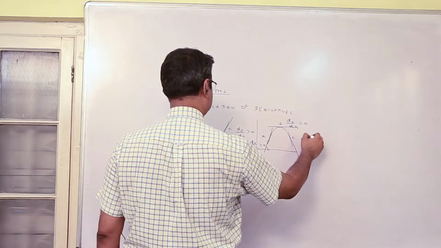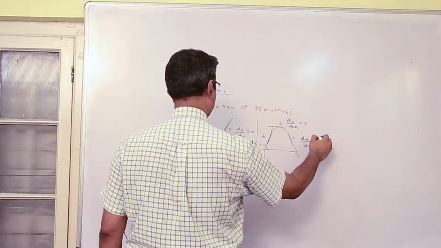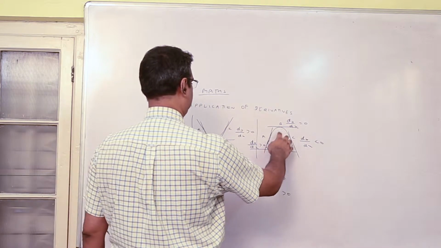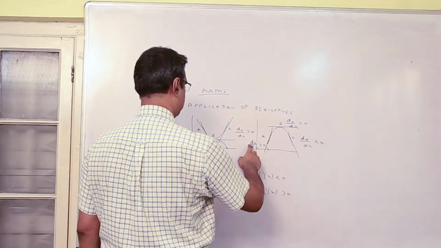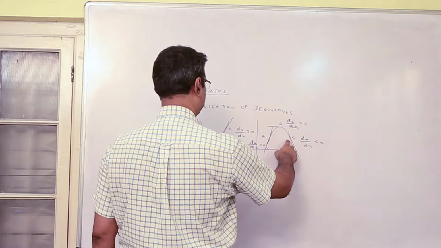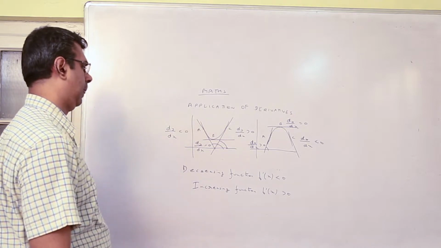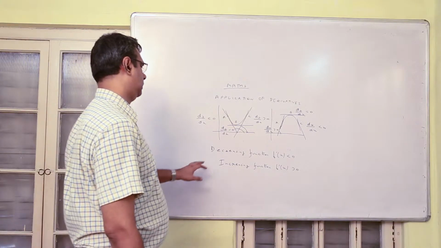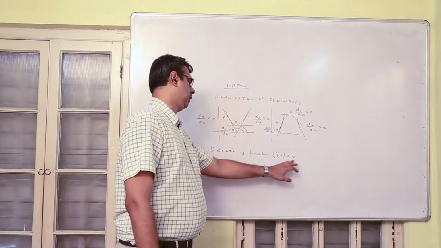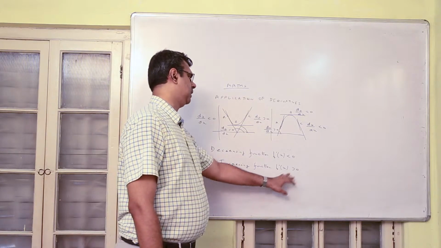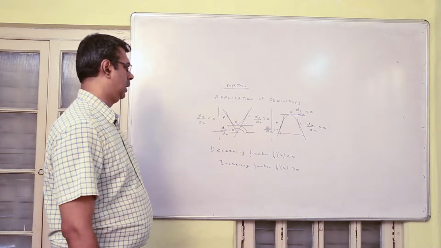And at C, the tangent is making an obtuse angle, so dy by dx is less than 0. So from A to B, the graph is increasing, so dy by dx is greater than 0. From B to C, the graph is decreasing, so dy by dx is less than 0. So whenever a function is decreasing, the derivative is negative. Whenever a function is increasing, the derivative is positive.